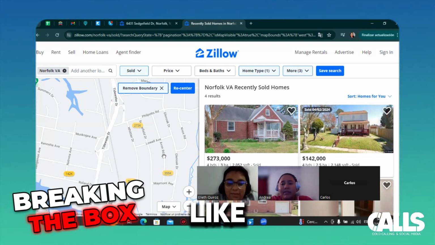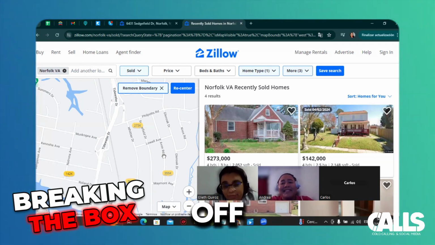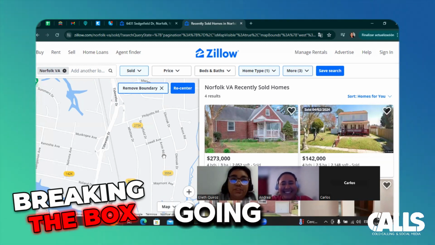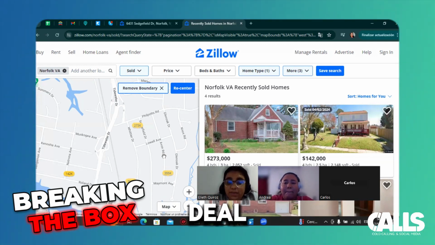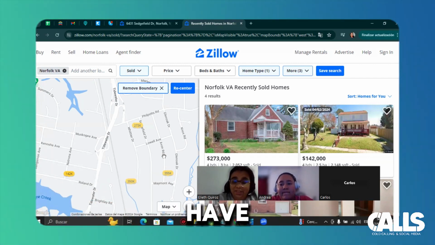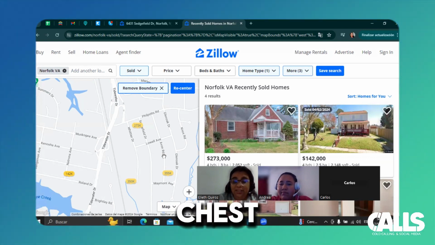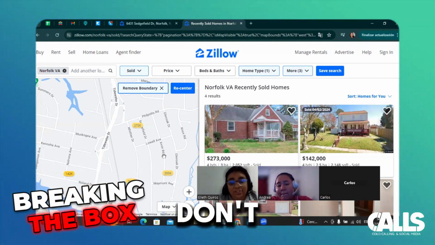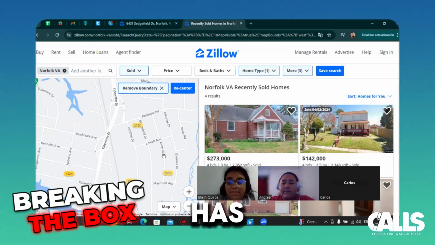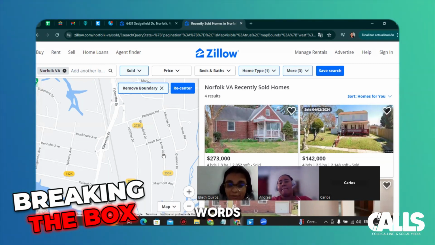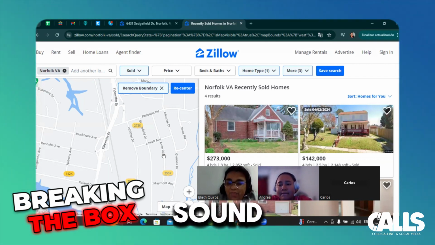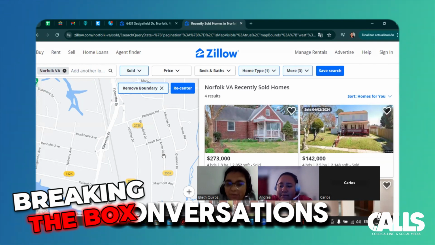Deal sounds like when someone is trying to rip you off, like you're going to a store and they say, I'm going to give you a good deal. Every time someone says that, you feel it in your chest, you think they're going to raise the price, don't you? So people have bad memories about those words. That's why if you want to sound smooth in the conversations, avoid those words, okay?